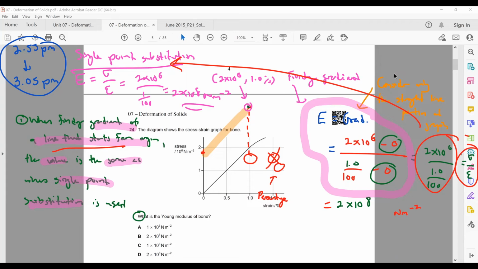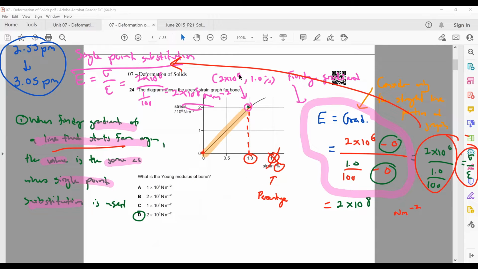Before I move on to the next question, just recall that I mentioned to you that when finding the gradient of a line that starts from the origin, the value is the same as that of a single point substitution. I gave you the example of taking this point here for your single point substitution, which gave you the same answer as the gradient from the origin, right?